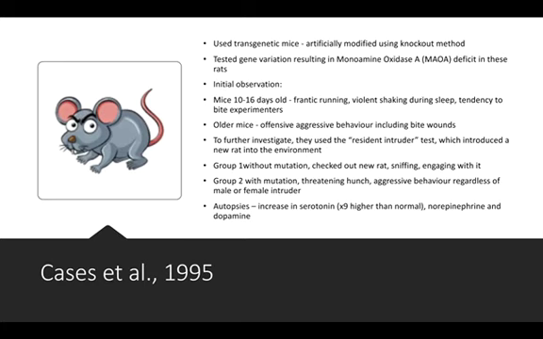So these were very outward observations that they made of these animals, but following that, they conducted autopsies of their brains, which showed that there was an increase in serotonin, dopamine, and norepinephrine. Dopamine was not as much, but serotonin levels were found to be 6 to 9 times higher than the control group.